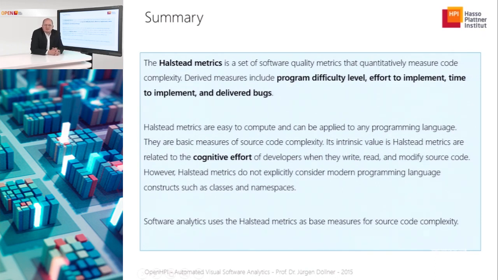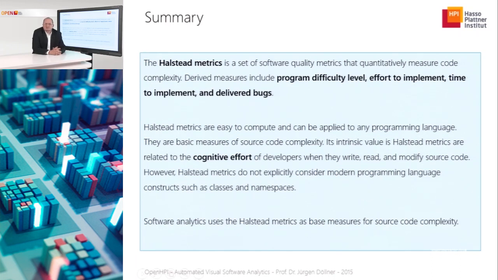They are basic measures of source code complexity. Their intrinsic value is that Halstead metrics are related to the cognitive effort of developers when they write, read, or modify source code. However, Halstead metrics do not explicitly consider modern programming language constructs such as classes or namespaces in object-oriented programming, though there is a minor gap to the programming languages we use today, related especially to the volume and length calculations.